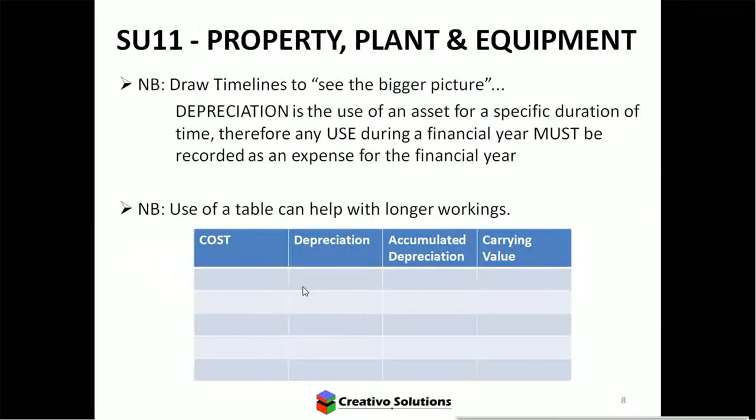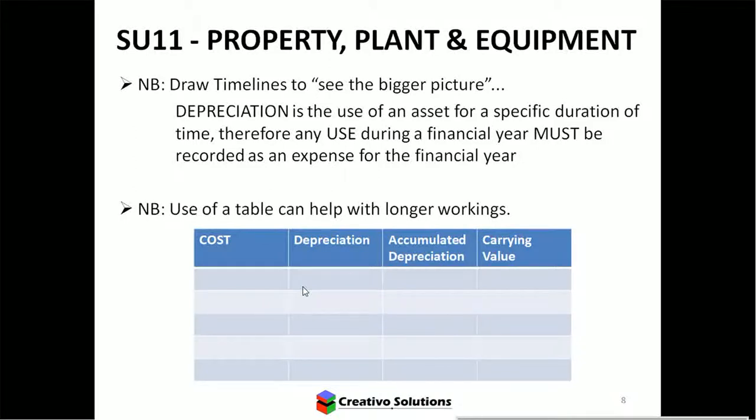Right, am I going to have to draw a timeline? Yes, especially for these exercises. The ones that you did in 1501 were basic, were simple. In 1502, the same theory applies, but it's a bit more tricky because they give you more assets. So the best way of getting around it is to draw a timeline.